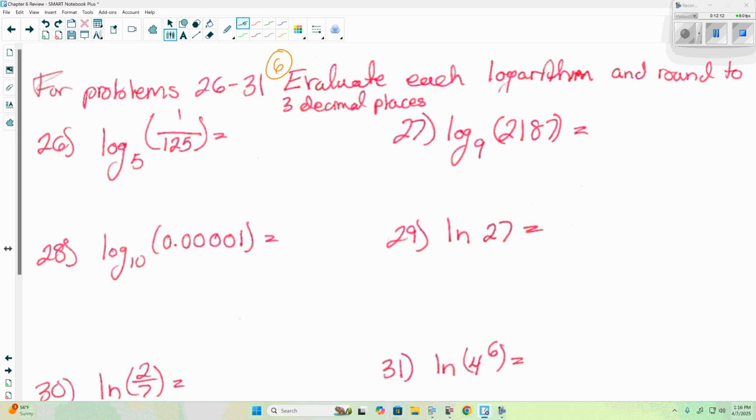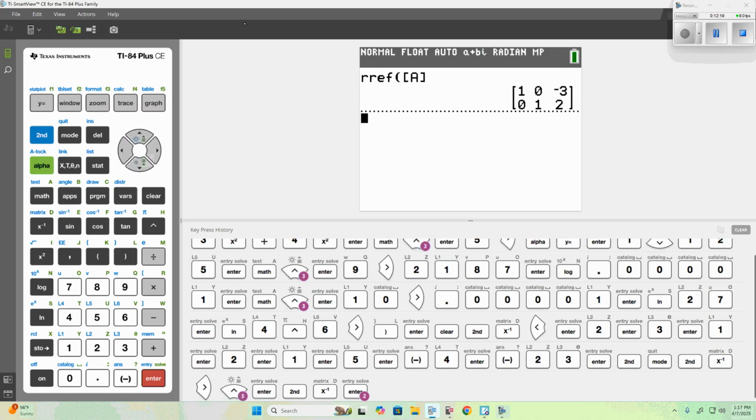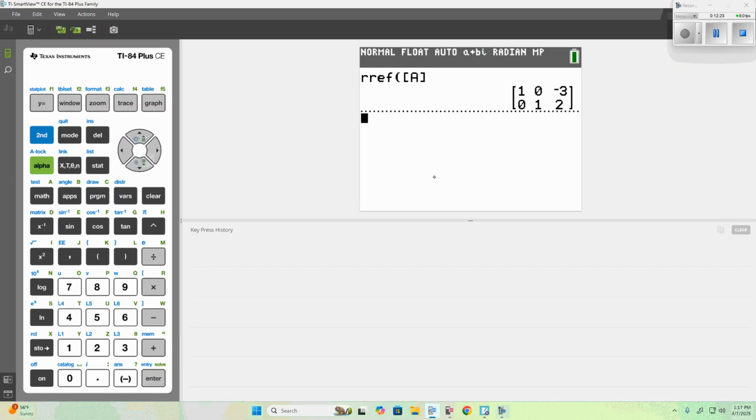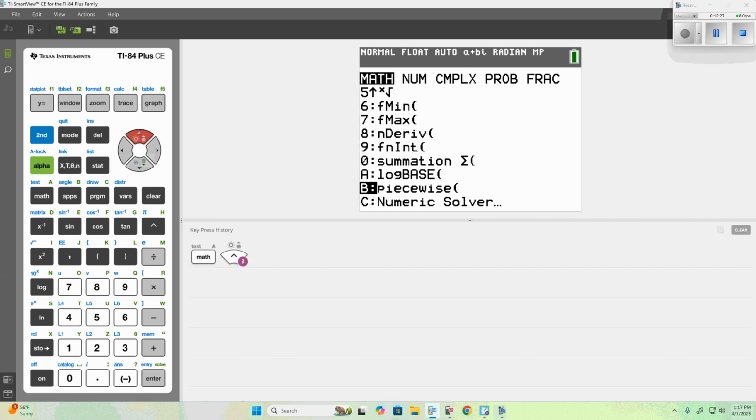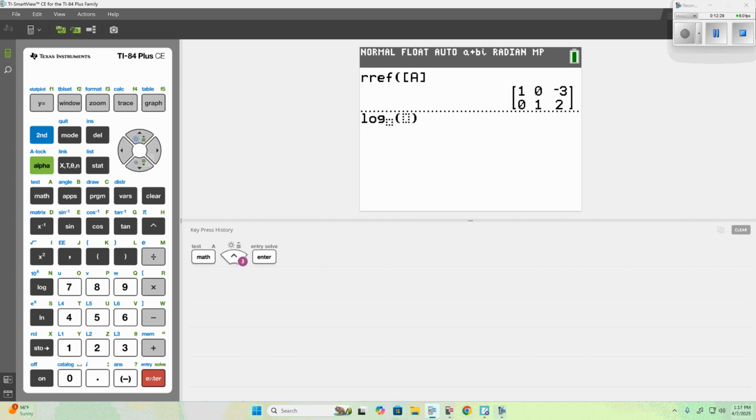There are 2 ways we can evaluate it. One is doing change of base and putting it in the calculator. The other is, well, we can take the graphing calculator. I'll clear the history here. We're going to hit the math button and go up or down to log base.